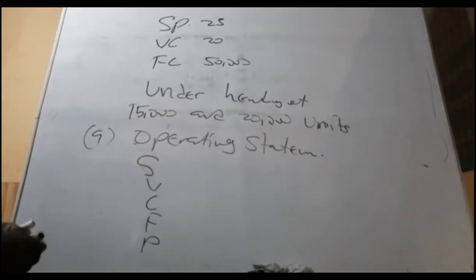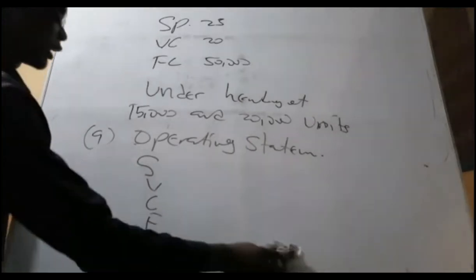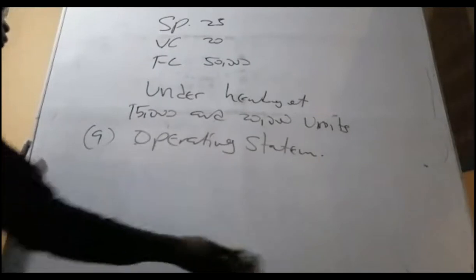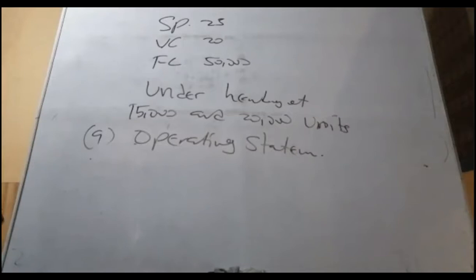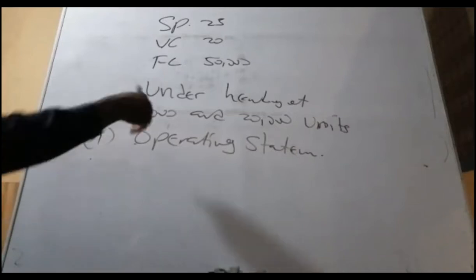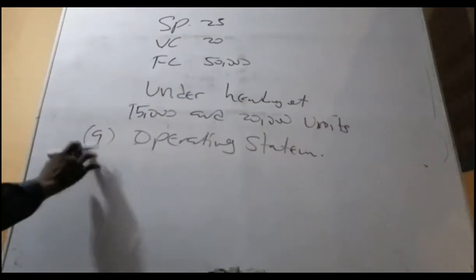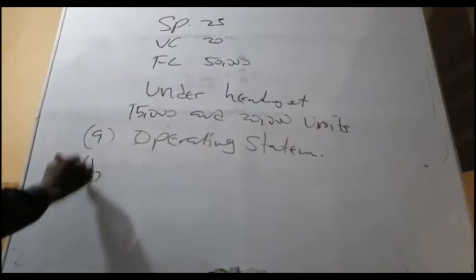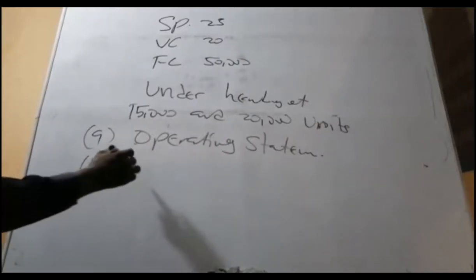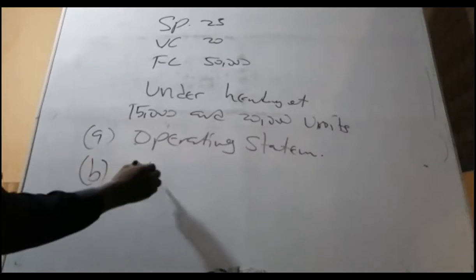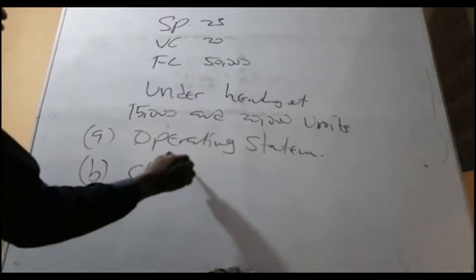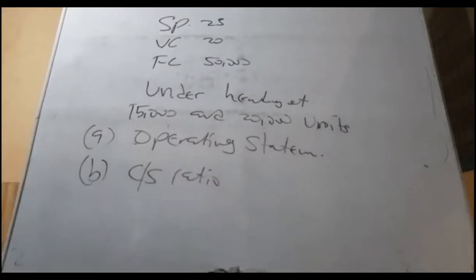And then when you are done, you produce the following items for me. As and when I'm writing, you are also doing it. B, you are producing the CS ratio for us.